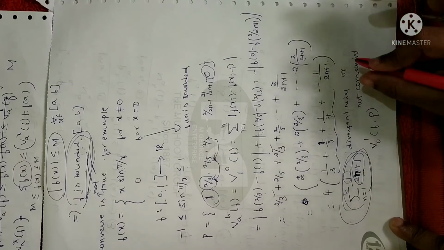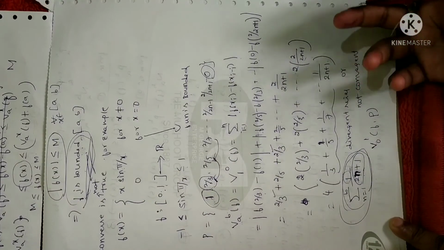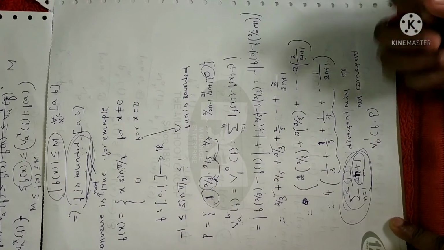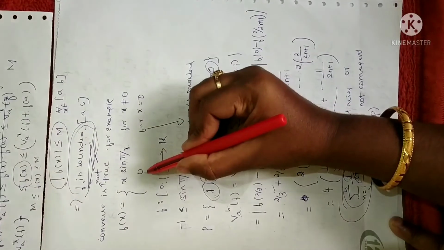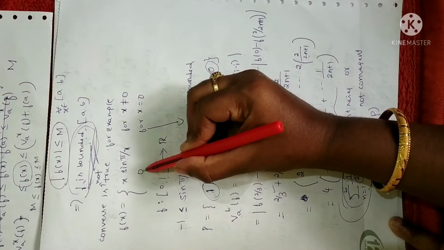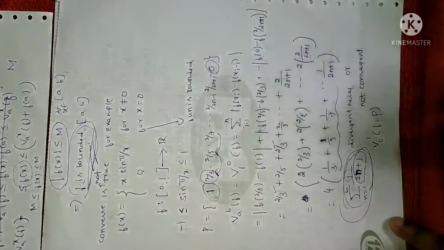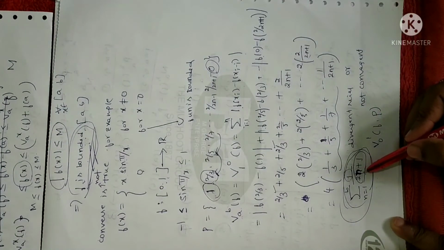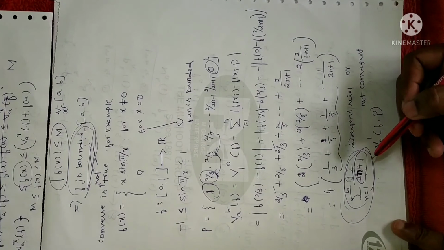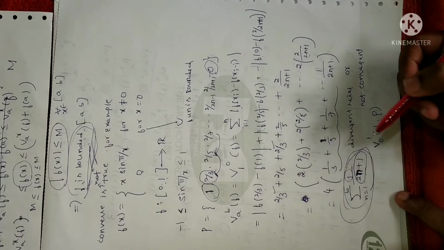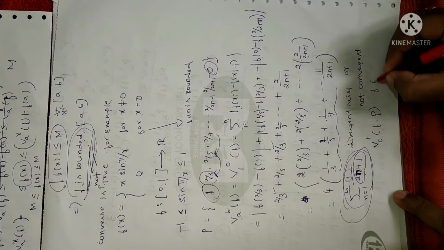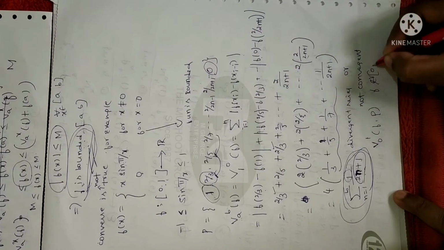Anyhow, 1 by infinity will be 0, but we are not getting a particular value of the function. So it is obvious. See, when x is equal to 0, then only the function is taking the value 0. So when x is not equal to 0, it cannot be equal to 0, right? But what we are getting here, when you replace n with infinity, again we are getting 0, that is 1 by infinity is 0. So f does not belong to the variation of the interval 0 and 1.